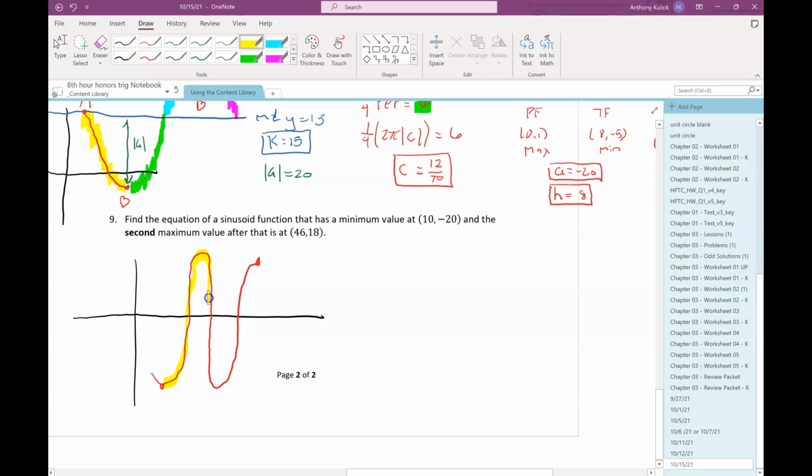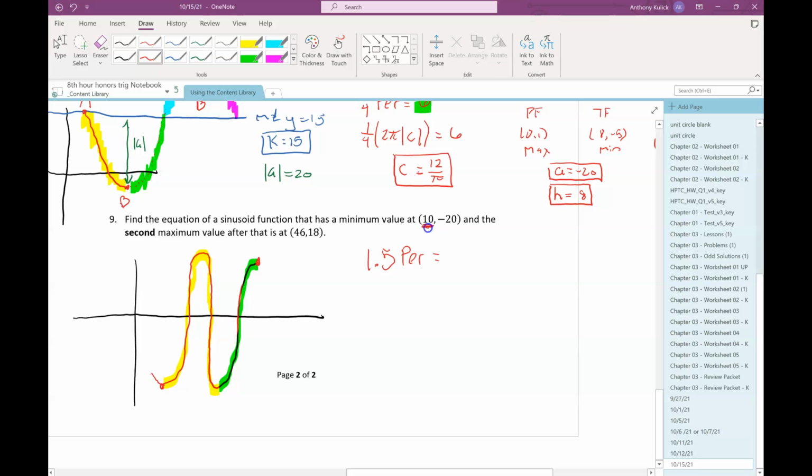If I go min to min, that's 1 period right there. You agree with that? Yeah. Okay. And if I go min back to max, that's another half of a period, right? So what I have here is 1.5 periods.